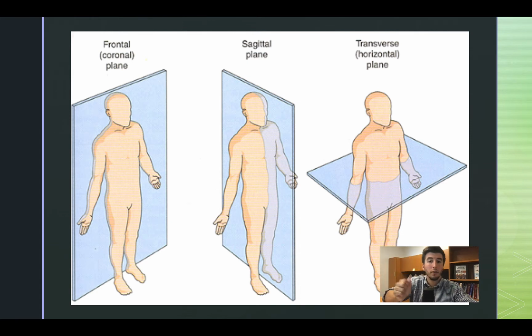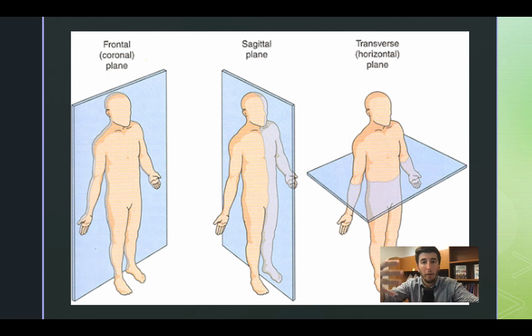So the sagittal plane is going to run essentially through the nose and through the back of the body, dividing us into that right and left side. Then we're going to have a transverse plane, which is essentially going to be like a cross section. It's going to be cutting across the body. So frontal plane, front and back, sagittal plane, side to side. Transverse is going to be cutting us into a top and a bottom, or a superior and inferior.